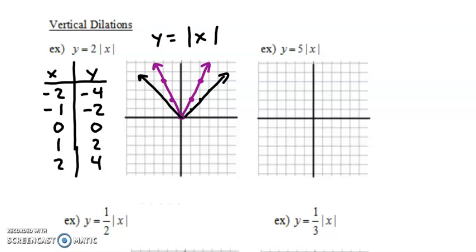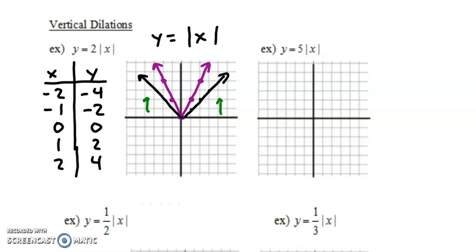Since it's a vertical transformation, we think of, does this stretch or shrink our graph? Well, you take the black graph, our parent function, and if you stretch your graph up from the vertex, you're going to get it to match that purple graph there. So multiplying by 2 there is going to be a vertical stretch.